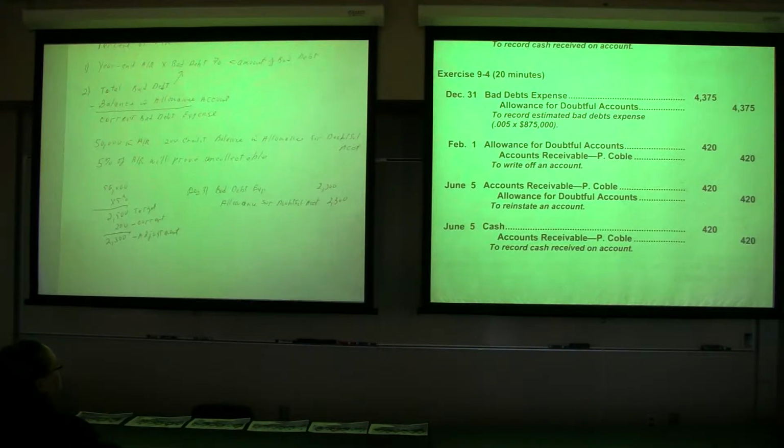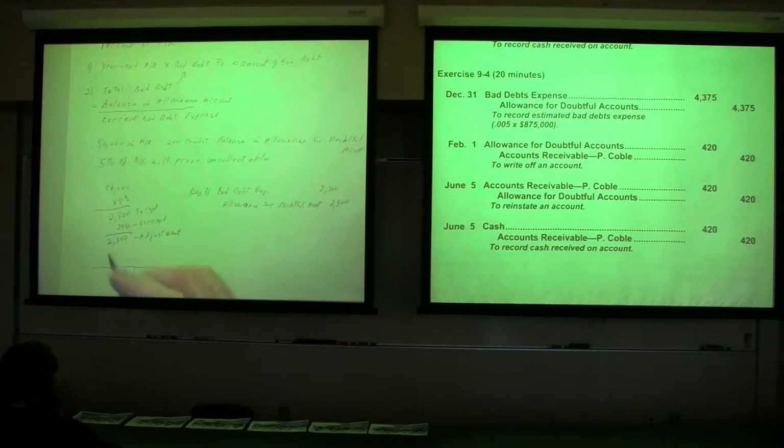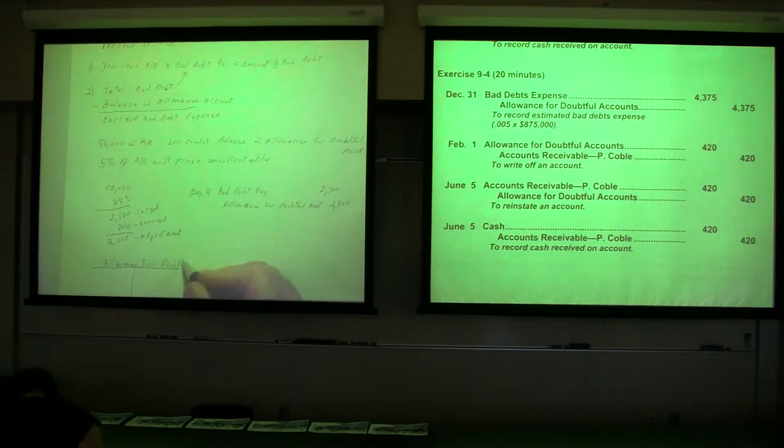So let me show you what we have here. In this case, here's the allowance for doubtful accounts. It currently has a balance of 200.